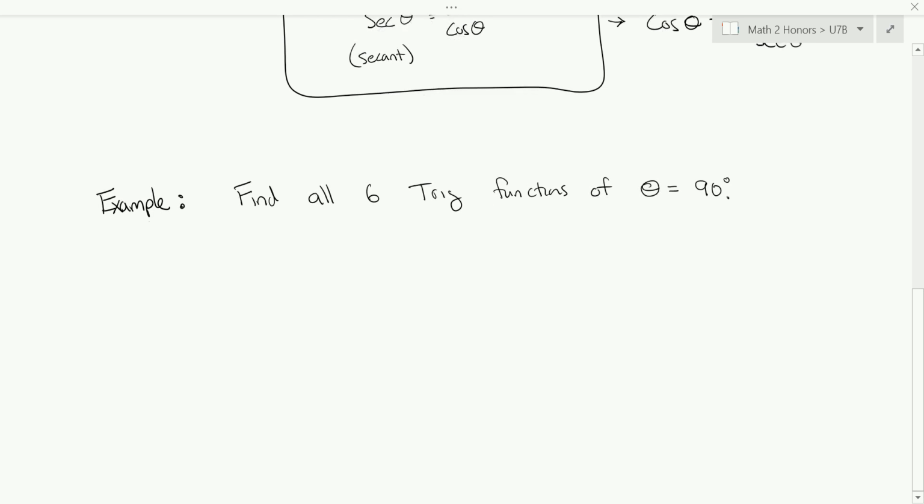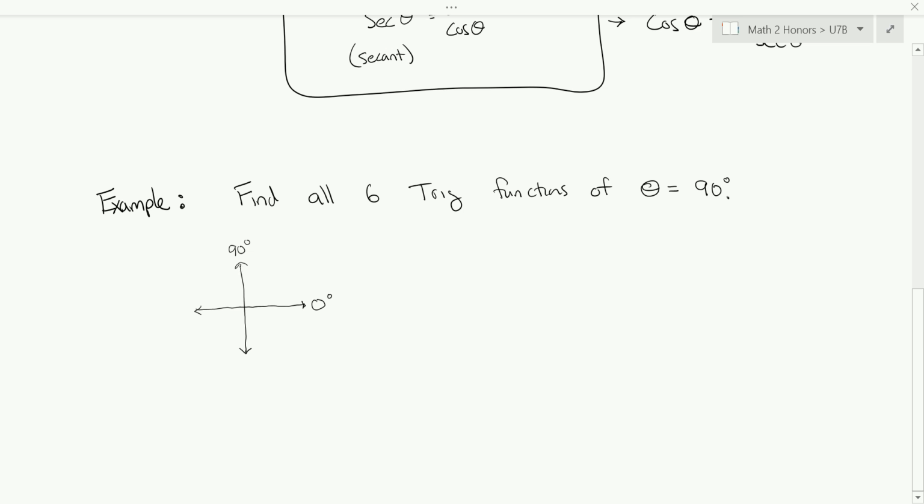So the first 3, sine, cosine, and tangent, were just like your homework last night, right? In homework last night, you would locate 90 degrees. Here's 0 degrees, here's 90. And notice it's not in a quadrant, so we're not going to use a triangle or a reference angle.